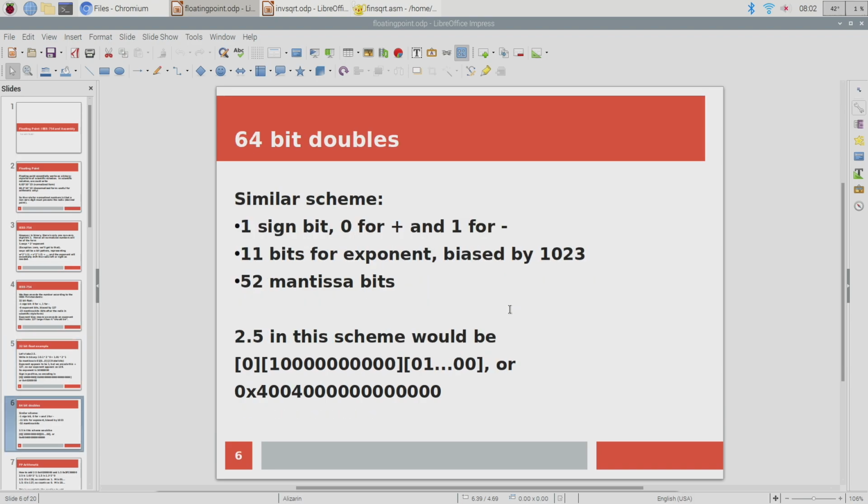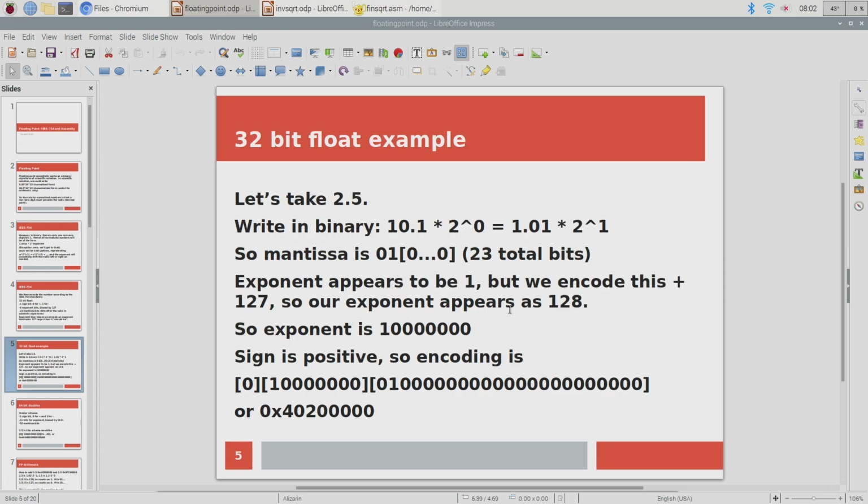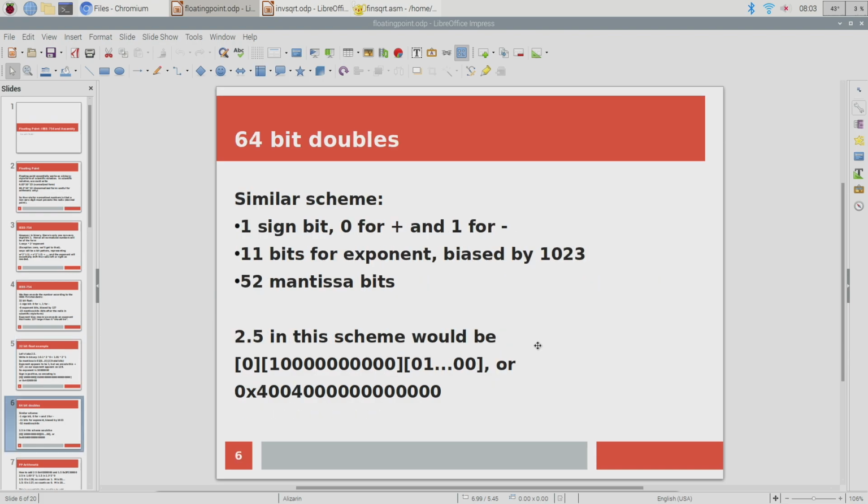For example, 2.5 would get encoded like this: sign, exponent, mantissa, and they always go in that order. The float toy that I showed you that's on GitHub is pretty handy for demoing it. Same thing for 64-bit, except just more bits.